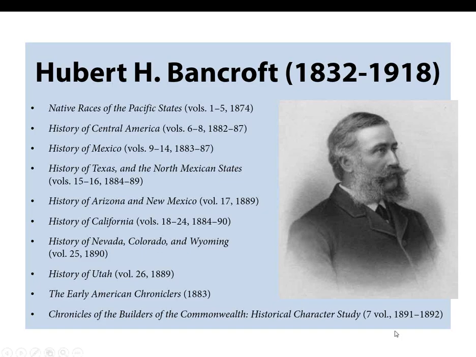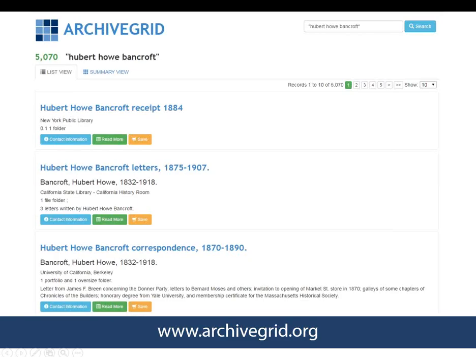So to find some record collections, I looked at Archive Grid, which is one of my favorite websites. It's a free website, archivegrid.org. And anyone who works with WorldCat, an online library catalog, Archive Grid returns hits of manuscripts and original material that's cataloged in a library or an institution or an organization that uses WorldCat.